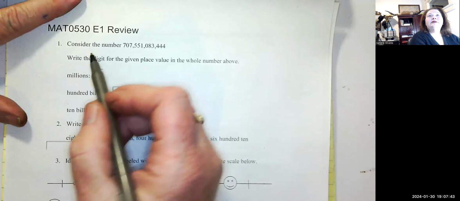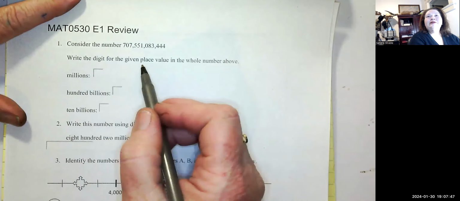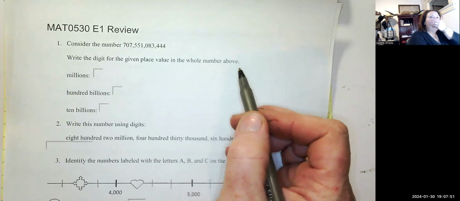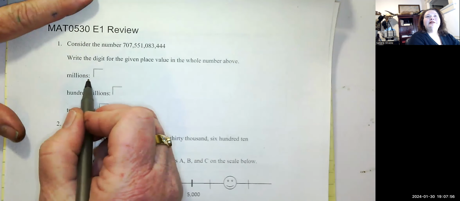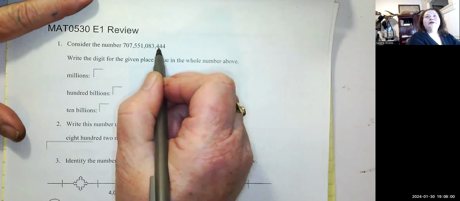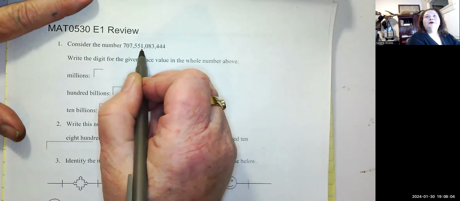So I've got, consider this number, write the digit for the given place value in the whole number above. For this number, we need to find who's in the millions place. Well, we've got ones, tens, hundreds, thousands, 10,000, 100,000, 1 million.